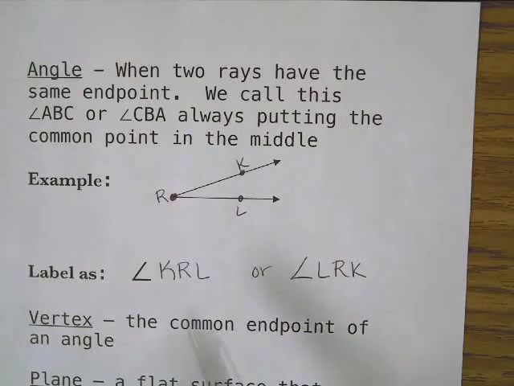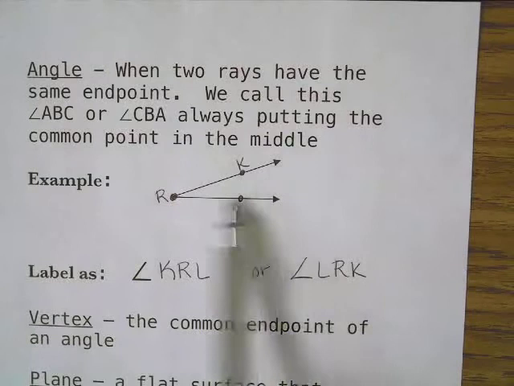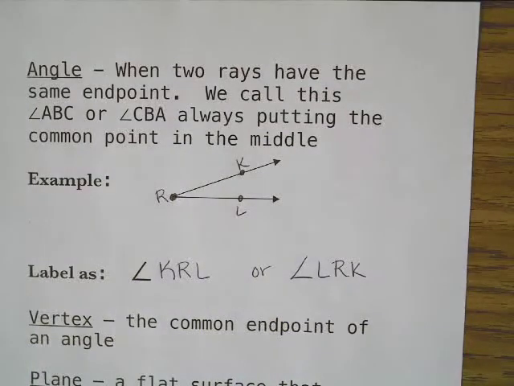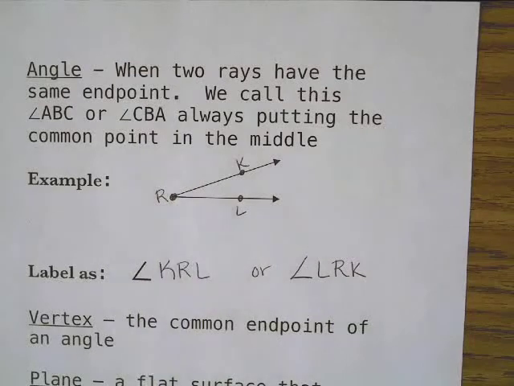We have angle KRL or angle LRK. Either way is correct. And we label it with our little angle symbol. This is the angle symbol. So as long as you keep that letter in the middle, you can label it any way you want.